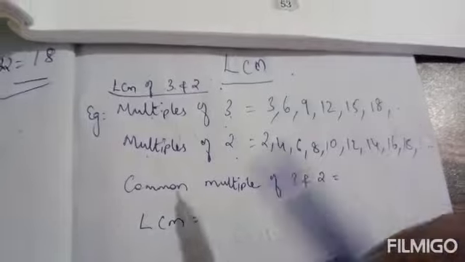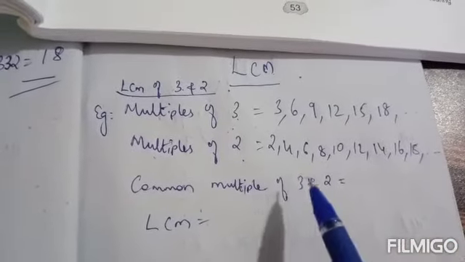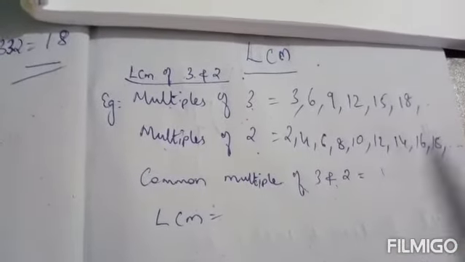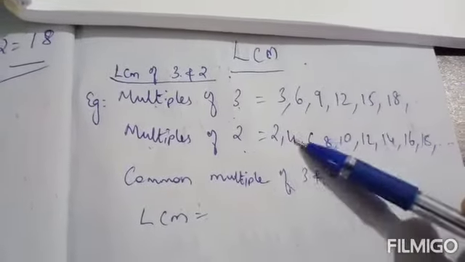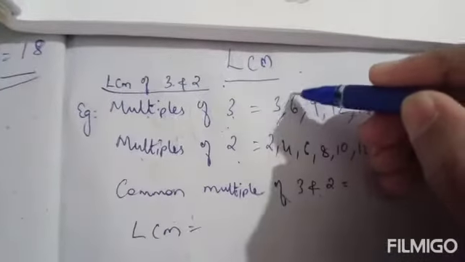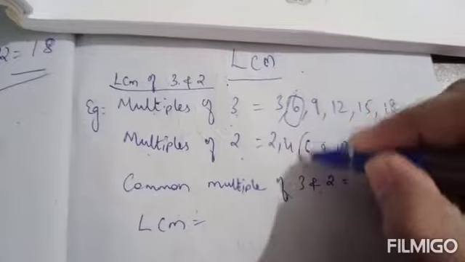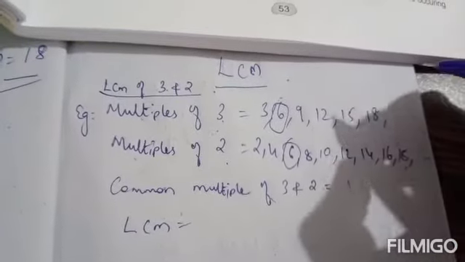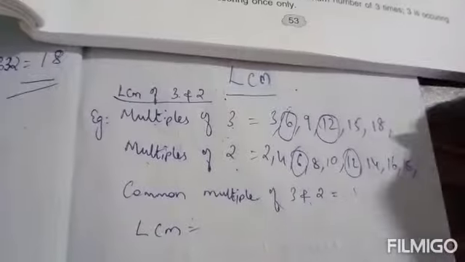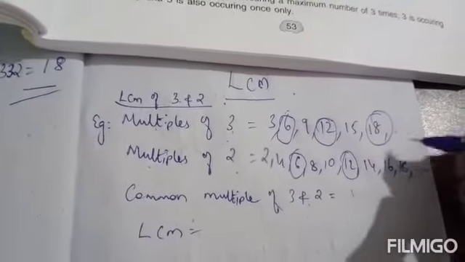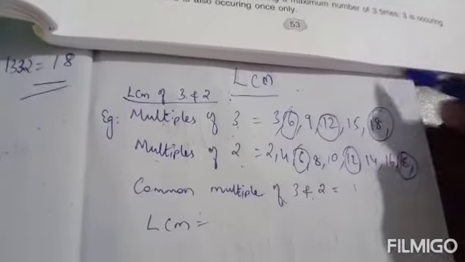Now a common multiple of 3 and 2 means the multiples that appear in both. You can find 6 is in the multiples of 3, and 6 is also in the multiples of 2. 12 is in both, 18 is in both.